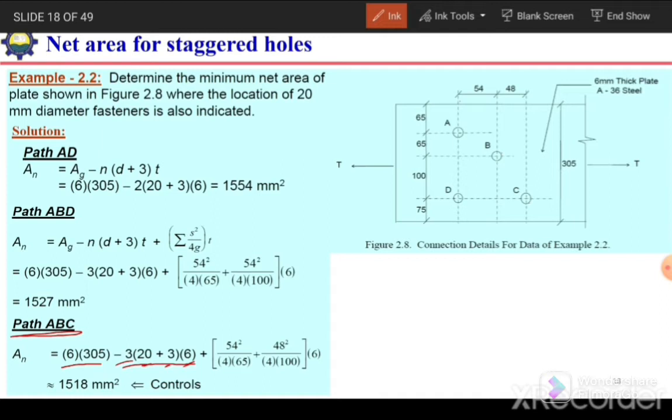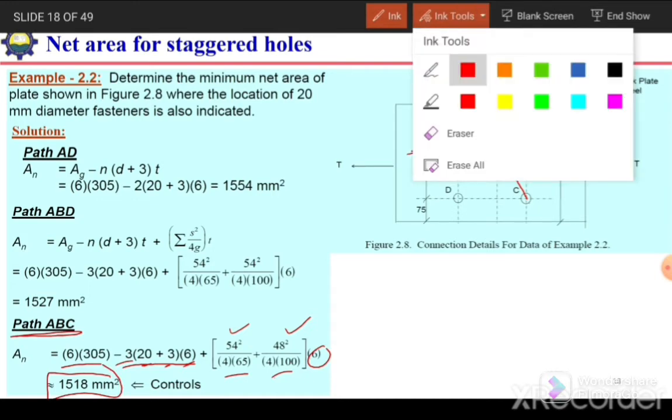Then we need to add the factor s square over 4g for these 2 staggers. So for the first case, the stagger is 54 divided by 65 as the gauge, plus for B to C we have stagger 48, so 48 square divided by gauge length, again 100, multiplied by 6, the thickness of the plate. So in this way we can calculate the net area for path ABC.